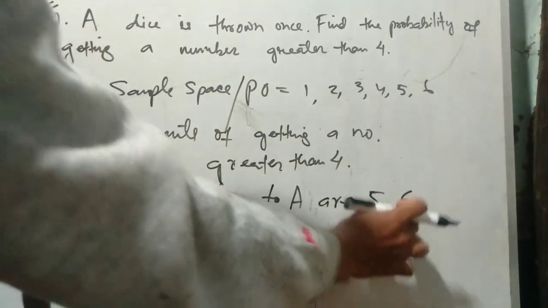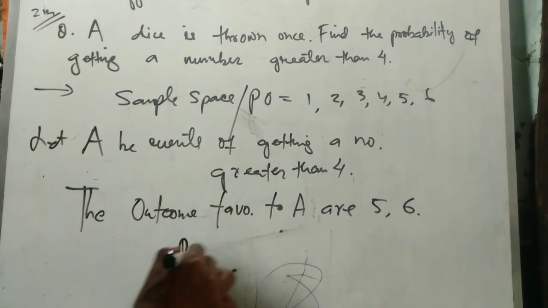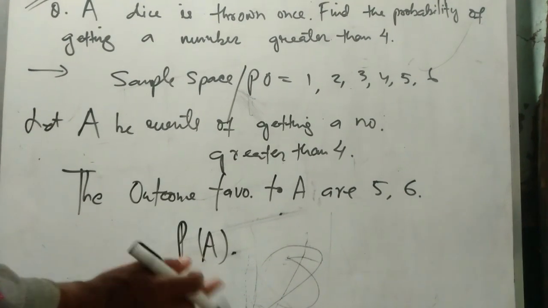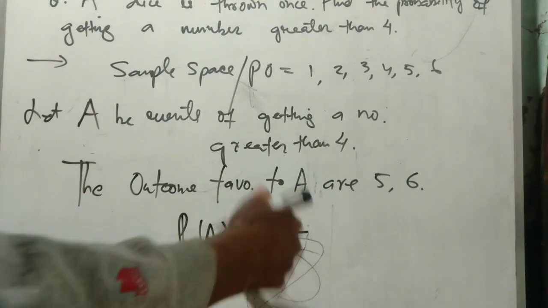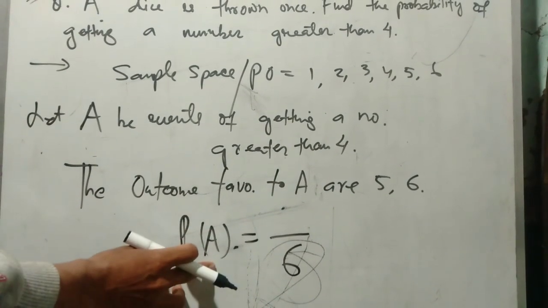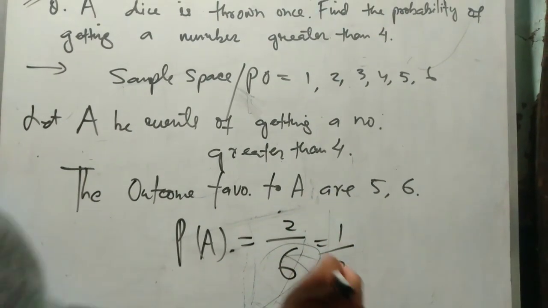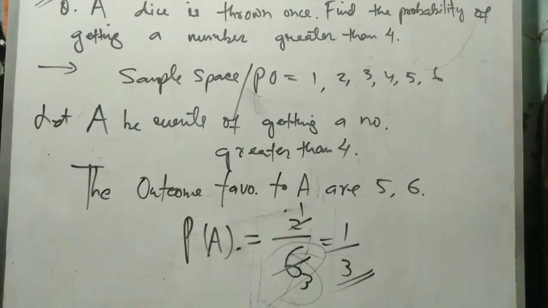There are only 2 favorable outcomes. So the probability of A, the chance of getting a number greater than 4, will be favorable over total, and the total is 6. So P(A) is 2 by 6, which is 1 by 3.